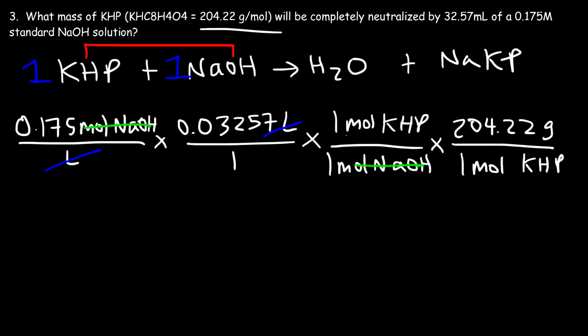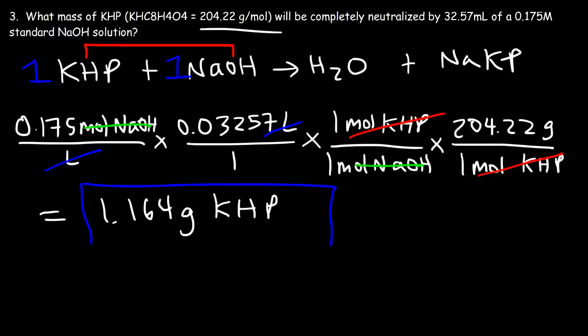And so now all we got to do is just get the answer. So let's multiply 0.175 by 0.03257 and then multiply that result by 204.22. So the mass is equal to 1.164 grams of KHP. So this is the answer.